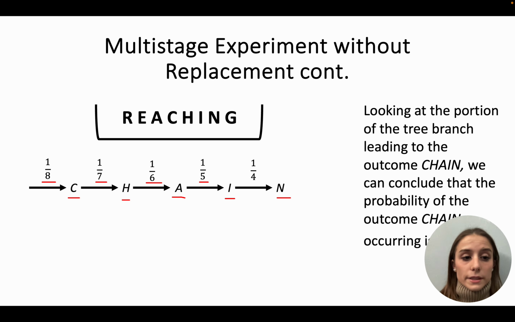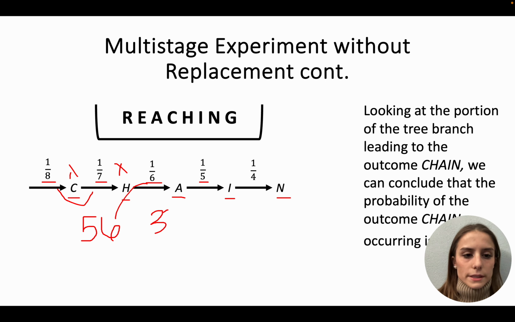To get the probability of it all, we're going to multiply all of these. We know 8 times 7 is 56. Then 56 times 6 is 336. Then 336 times 5 is 1,680.